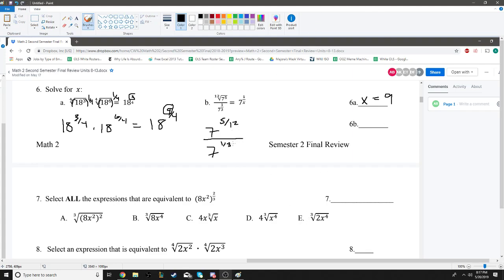So to make this a 12, we're going to multiply top and bottom by 4. So this becomes 7 to the 5/12 divided by 7 to the 4/12. And when you subtract them, we get 7 to the 1/12. And since x is only looking for the bottom number, we get x is equal to 12.